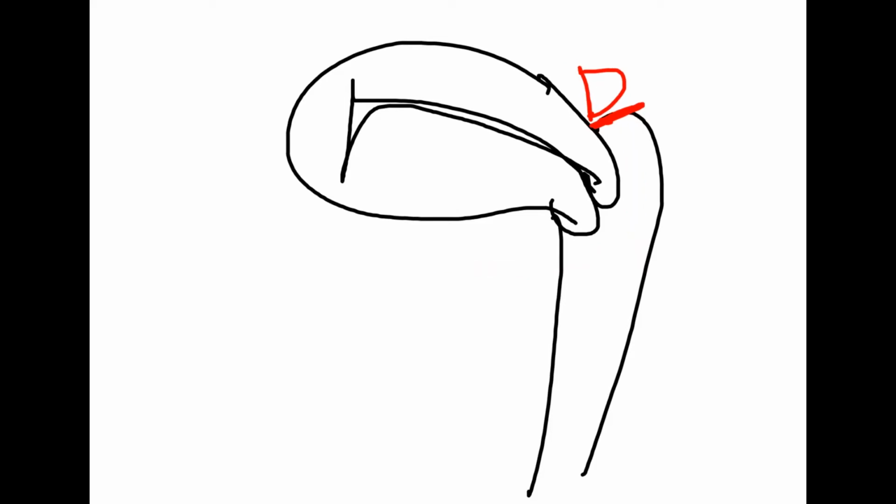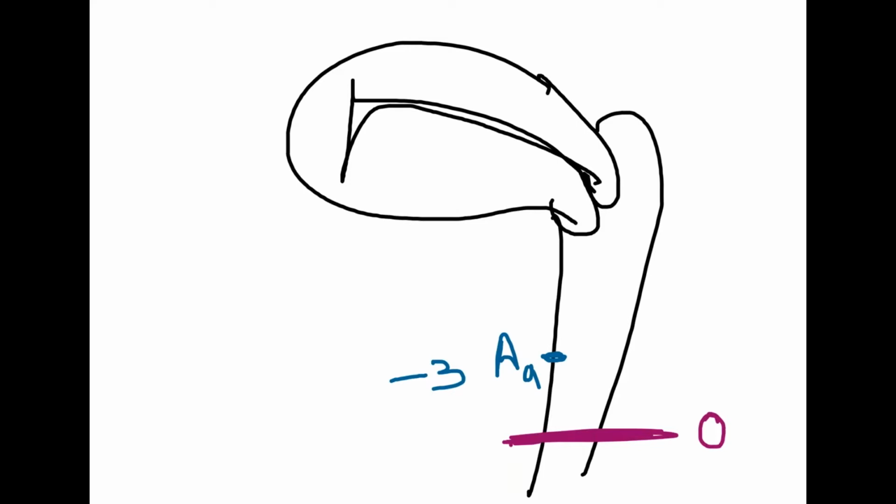So these are the 4 points inside the vagina. Let's revise that again. First of all, we need to know our reference, which is the hymen at 0 level. Okay, and then on the anterior wall we have point A anterior at the level of minus 3, and at the same place we have B anterior, which is at the level of minus 3.